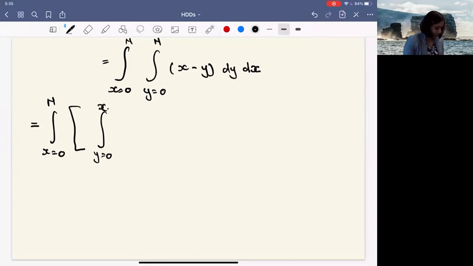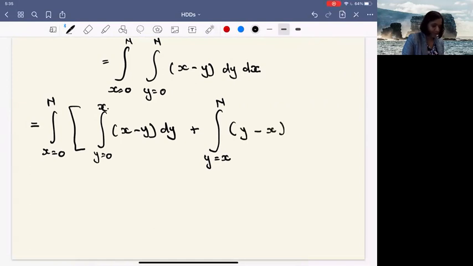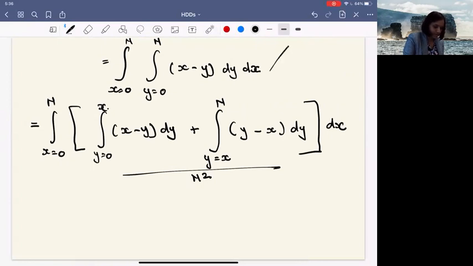So we would say y from 0 to x, where x minus y dy, plus y from x to n, where now y is greater than x, so y minus x would make more sense, dy dx. We still have the denominator of n squared from the previous equation, right? We forgot it here. So we still have the denominator of the whole thing divided by n squared.